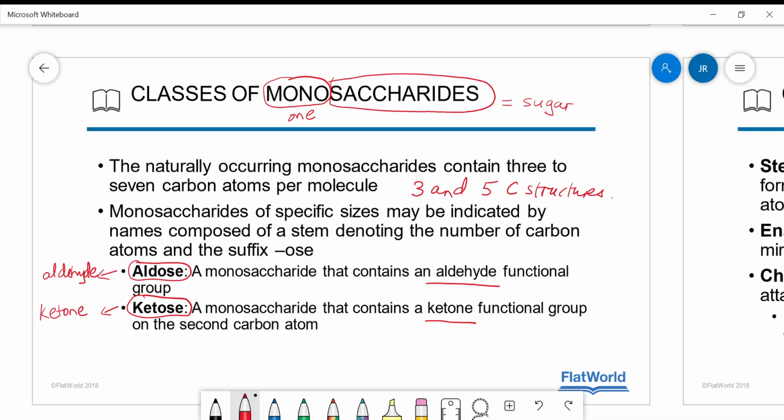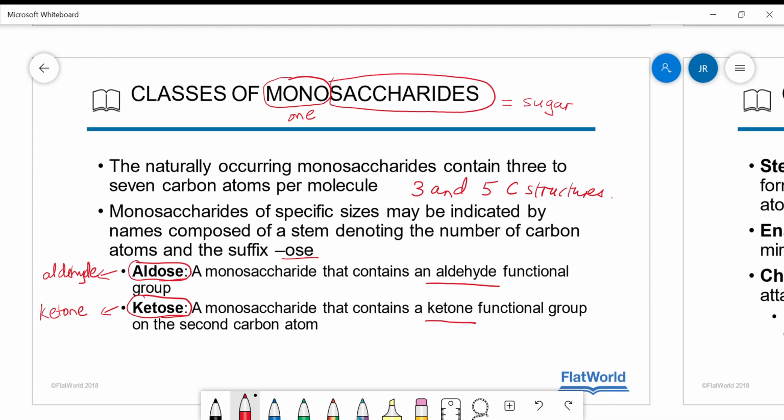We should also mention that the suffix OSE is synonymous with sugar. So we've replaced "ide" and "one" with O's and O's. Think of sugars that you are familiar with, glucose and fructose and lactose.